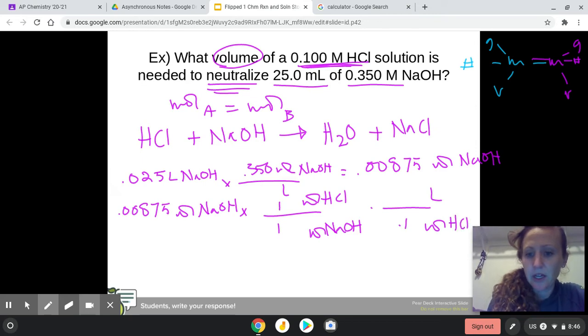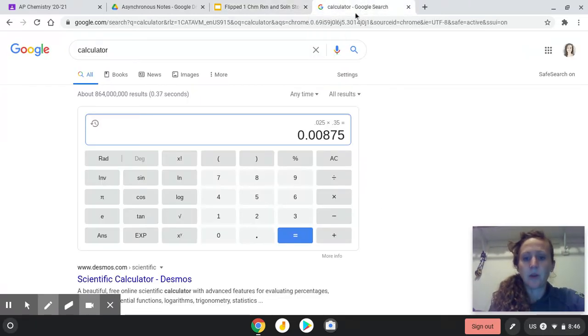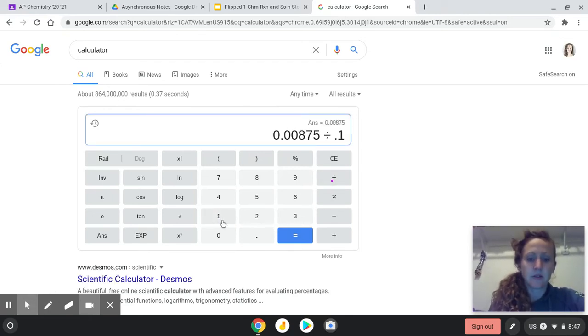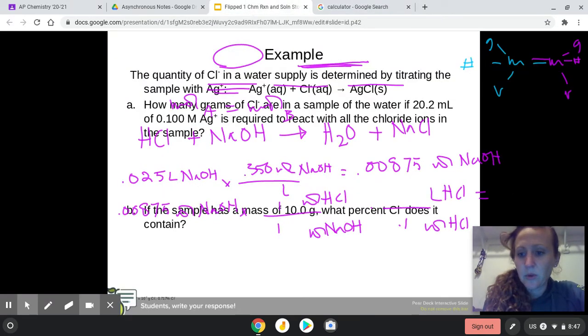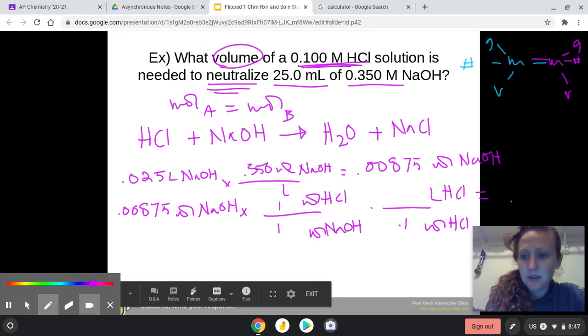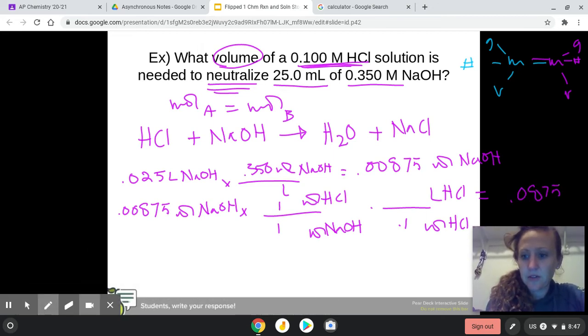These are both for HCl. So my answer divided by 0.1 is 0.00875 liters of HCl.